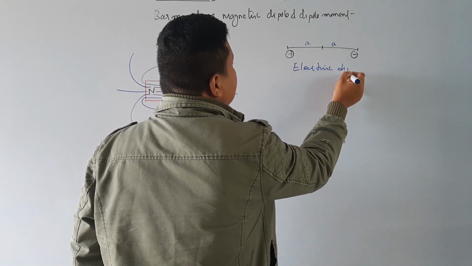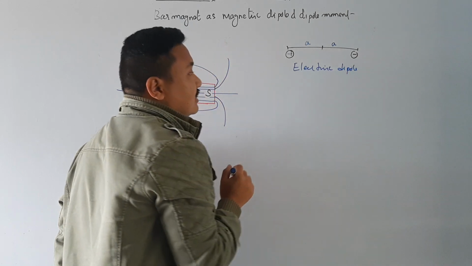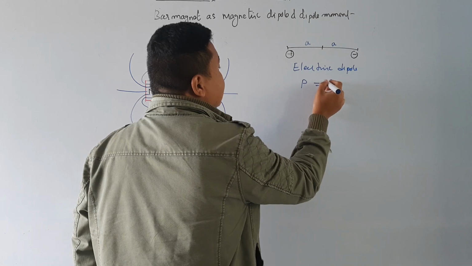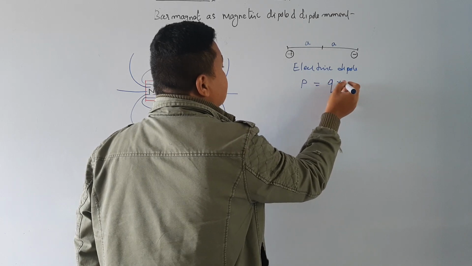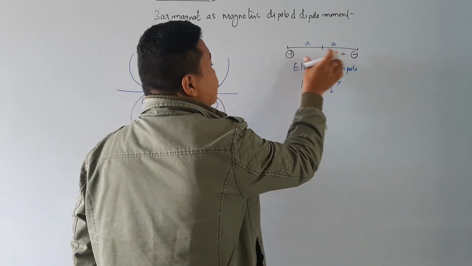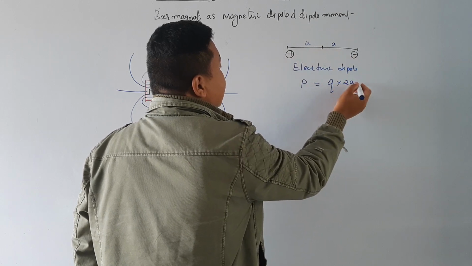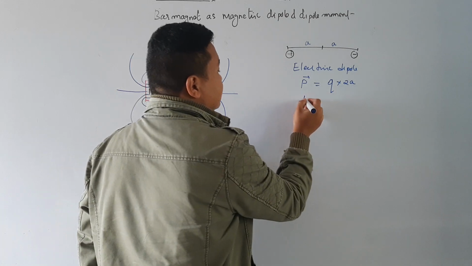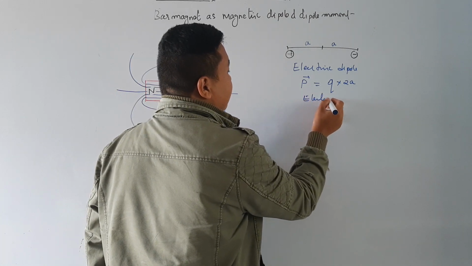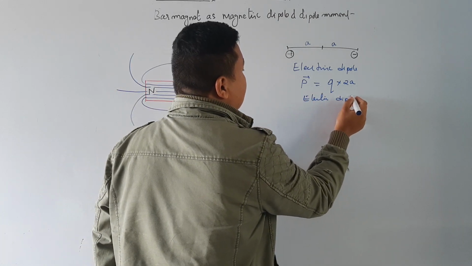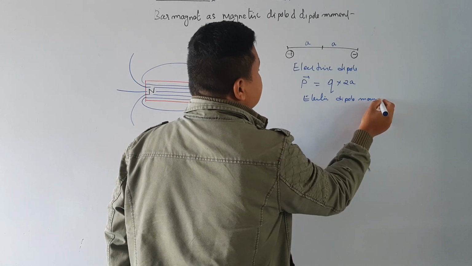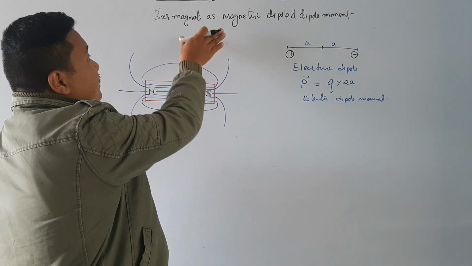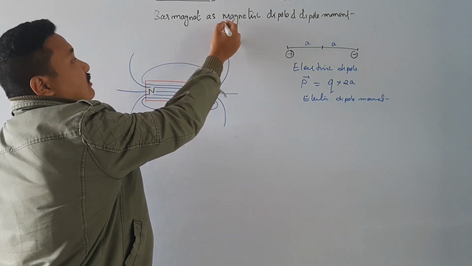The electric dipole moment P is equal to Q into the distance between the two charges, that is 2A. So this was my electric dipole moment. Okay. So now let me come to the magnetic dipole first.